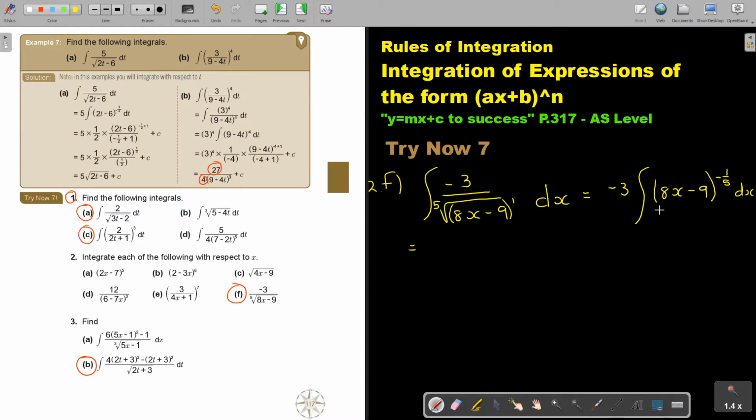Okay. So in this case, I'm going to put the equal here. So keep the -3, multiply that 1 over 8, okay? And then I'm going to multiply, and now it's going to be that 8x minus 9.